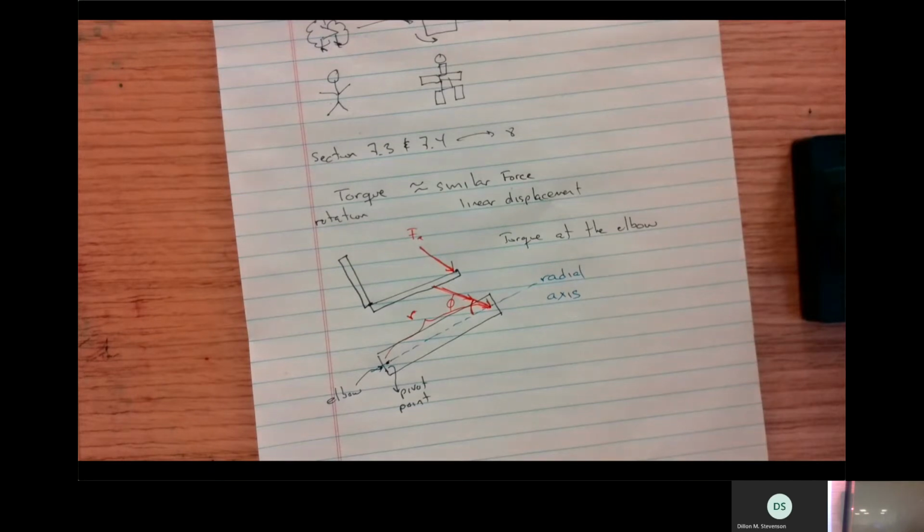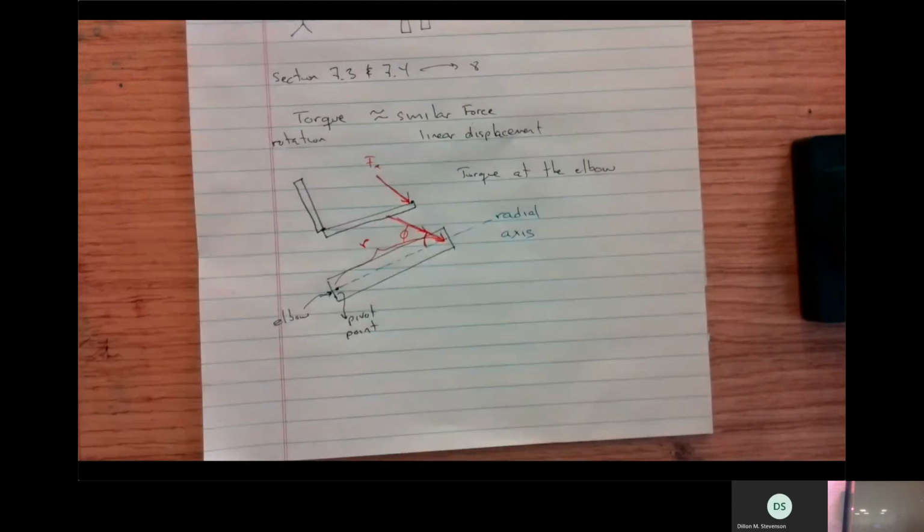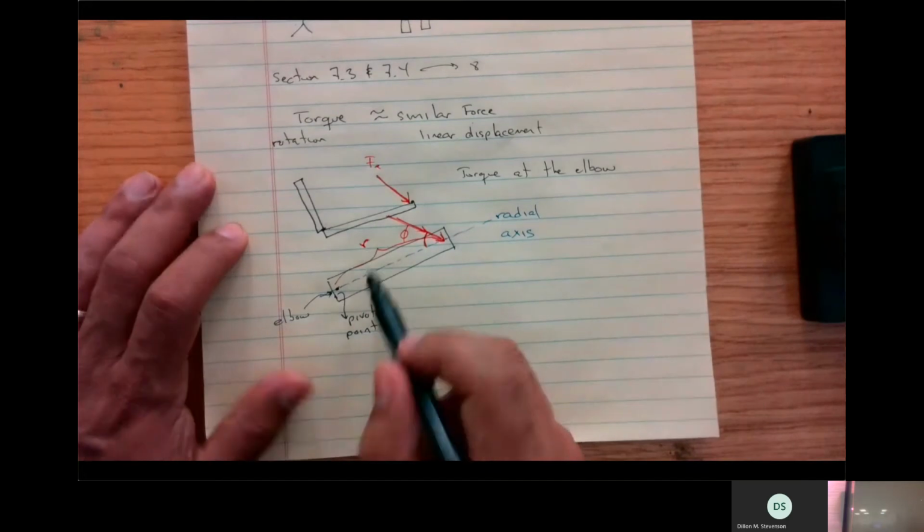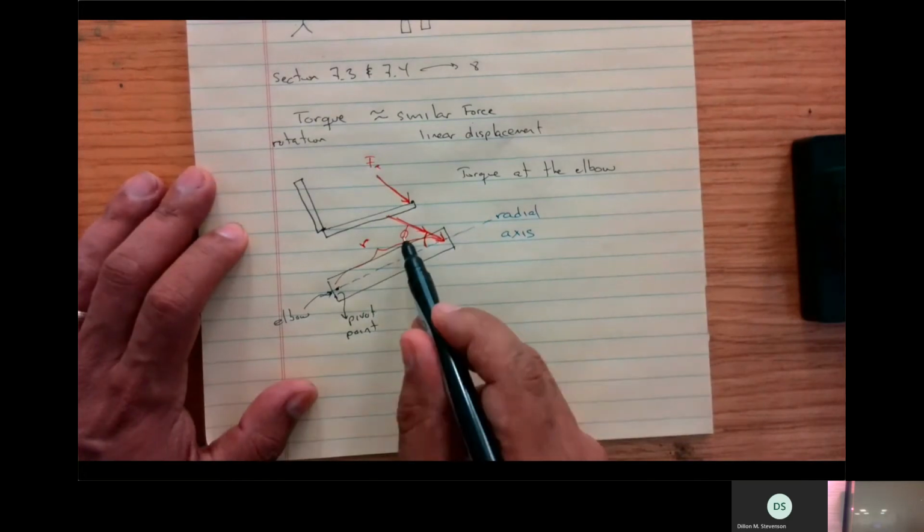So the way I calculate the torque is basically a relationship between the distance from the pivot point to the force, the angle, and the magnitude of the force.